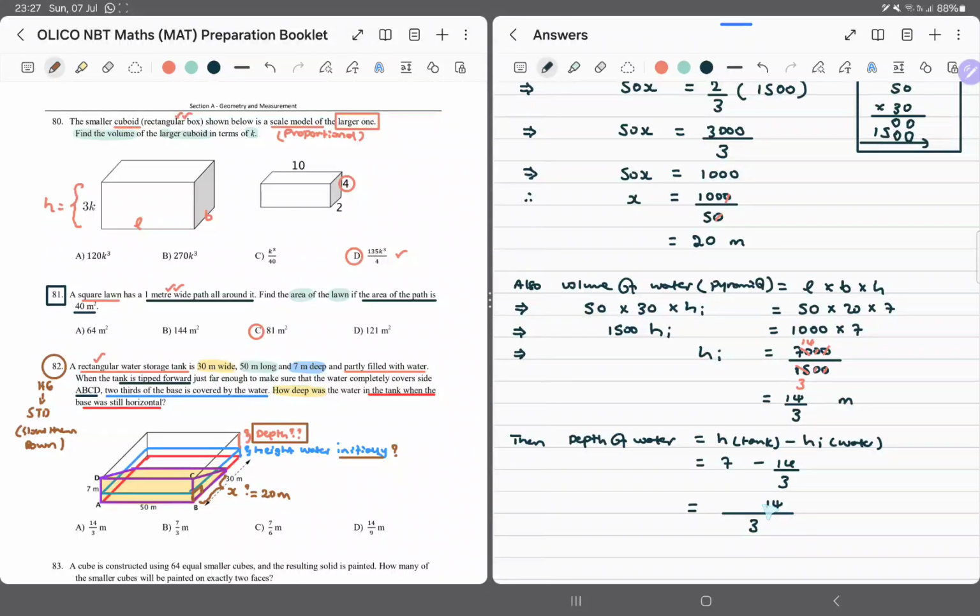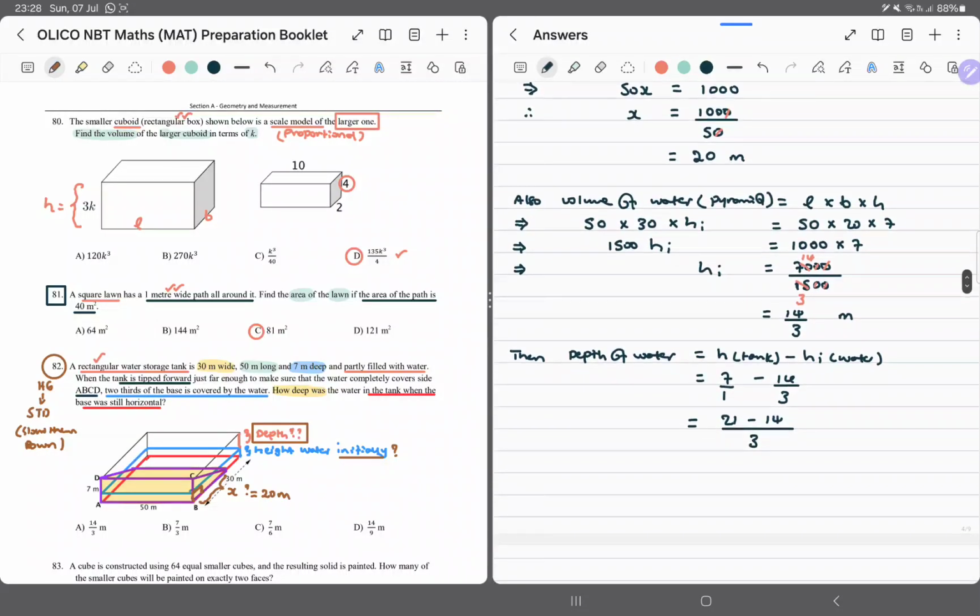Then it's just going to be 14 here. This 7 is over 1. Then it becomes 21, right? Because it's going to be 3 by 7. So 21 minus 14 is basically 7 over 3 meters. So that would be the depth of the water. And essentially that is option B.